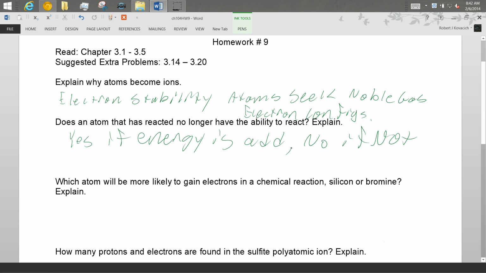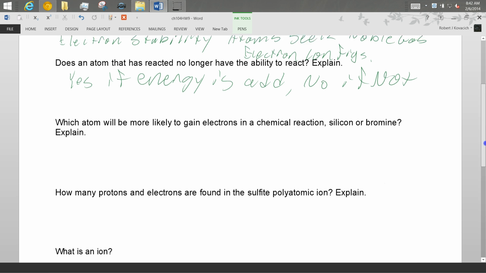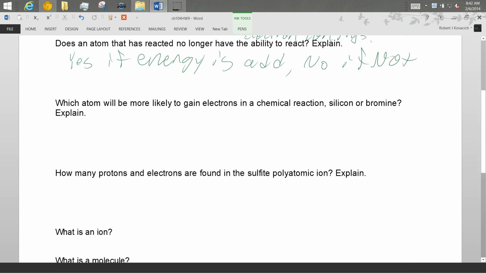Which atom is more likely to gain electrons in a chemical reaction, bromine or silicon? The bromine, right? Why the bromine? It only needs one electron. That's one way to think about it. And the other way to think about it is higher electronegativity.